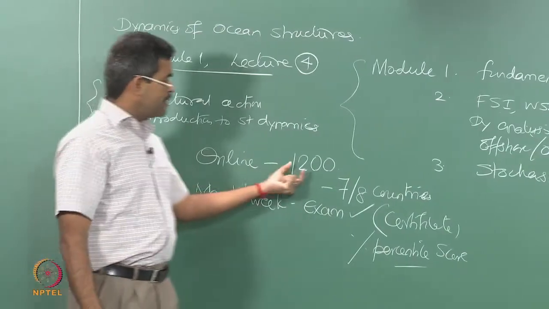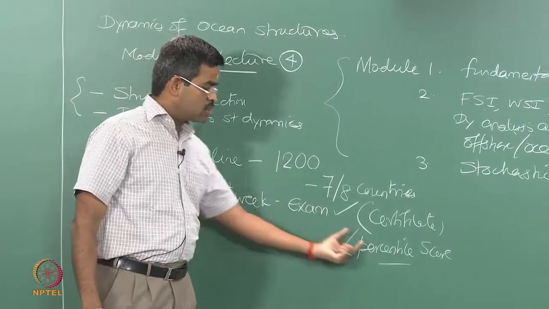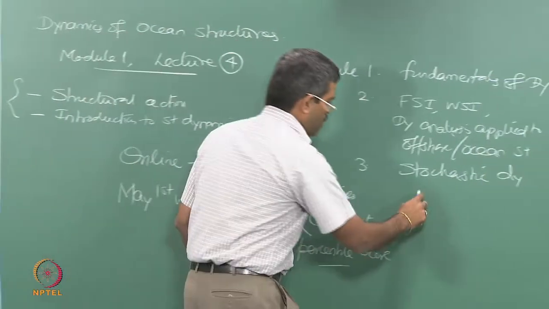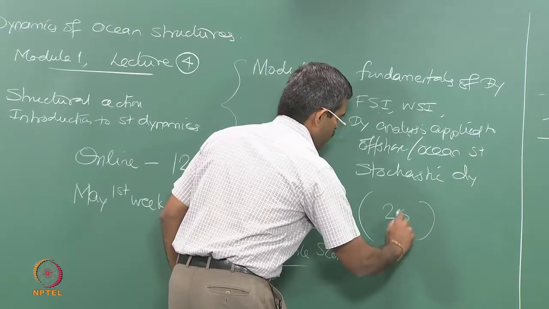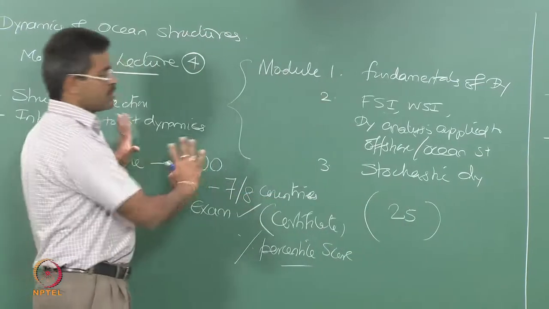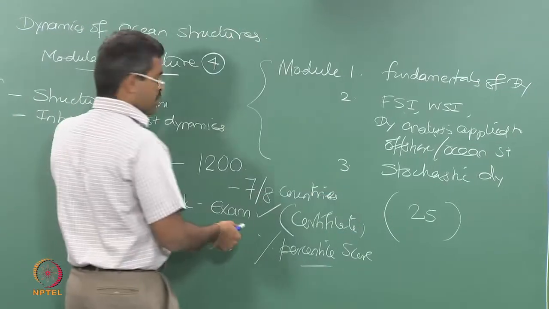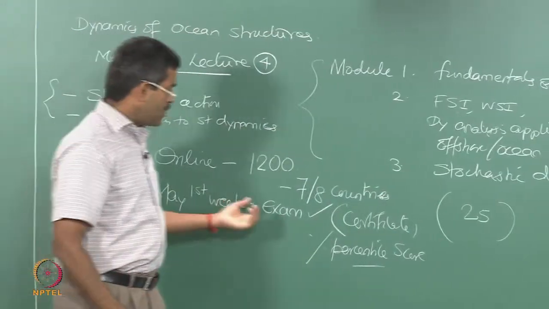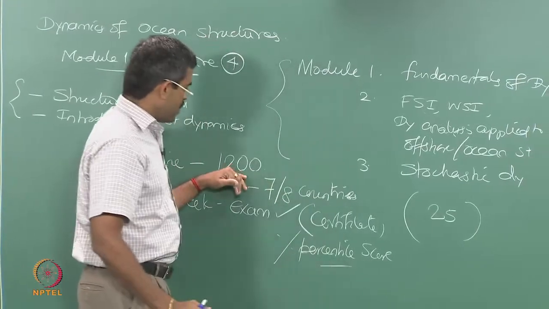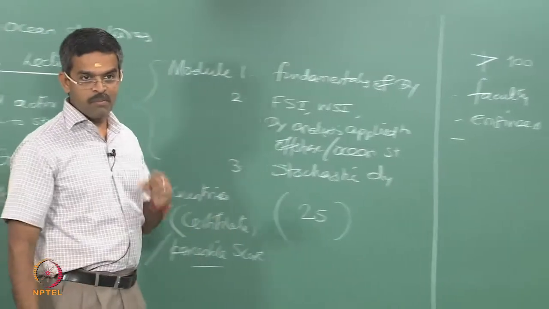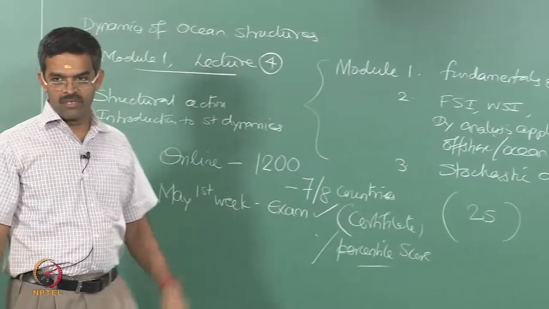Now, when you compete with them, you will really know where you stand. If you are only within a class of, let us say, 25 who do not know anything about the subject, standing top amongst 25 who do not know anything about the subject is not great. If you stand in the top 10 amongst 1200 who already know the subject, it matters something, it is very important. This is a golden opportunity.